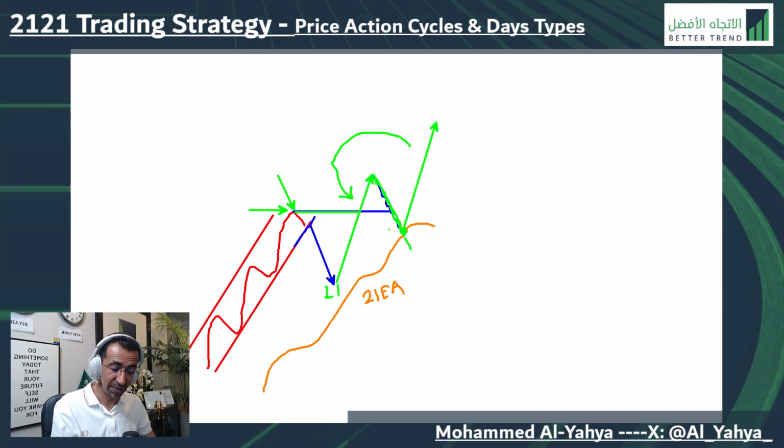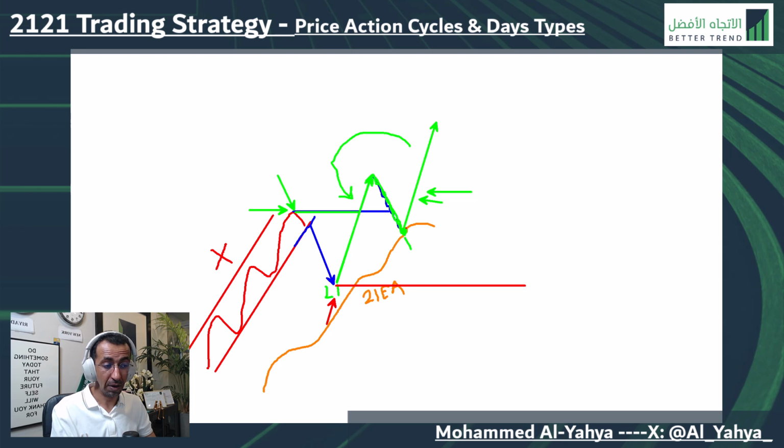Then we determine that leg 1 is this length. Now we anticipate leg 2. Leg 2 is equal in length to leg 1. And the condition for leg 2 is that it shouldn't break leg 1. If it breaks leg 1, that means this price action has failed, is done.